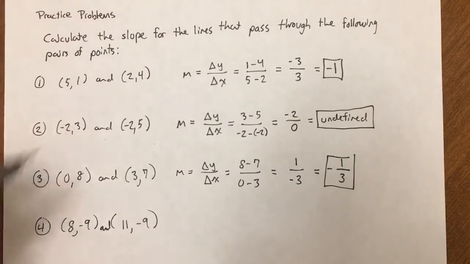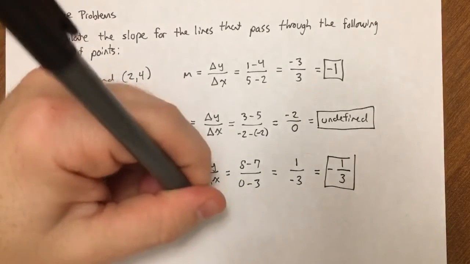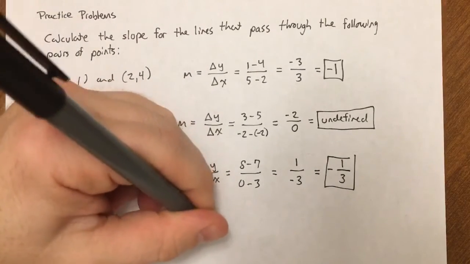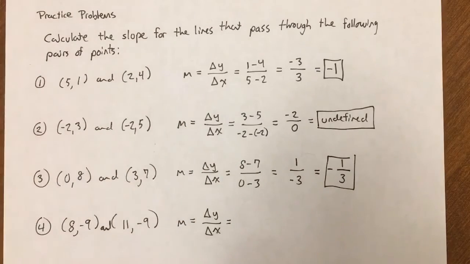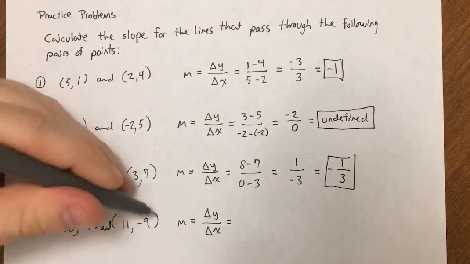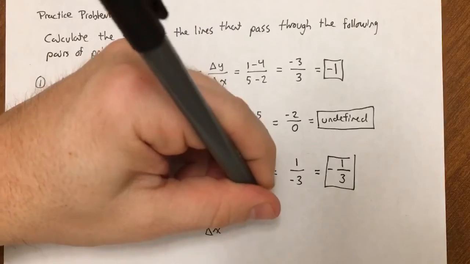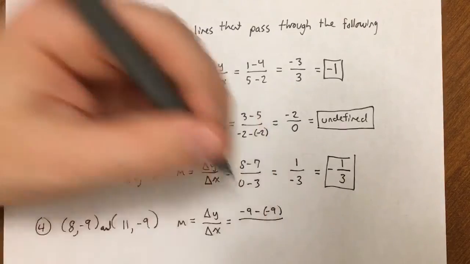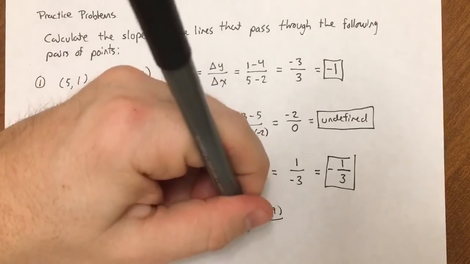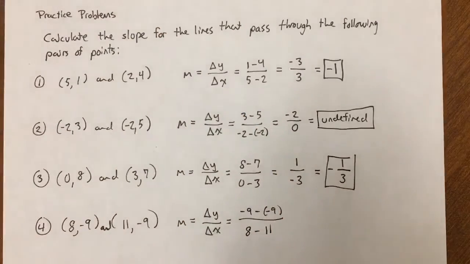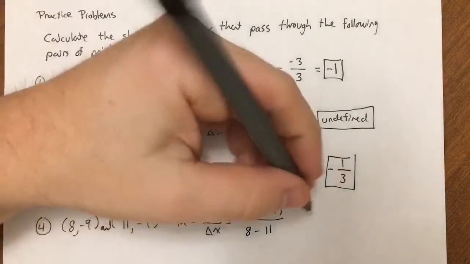Now our last problem, m equals delta y over delta x. We're going to subtract our y coordinates from left to right. So negative 9 minus negative 9 on the top, and then 8 minus 11 on the bottom.